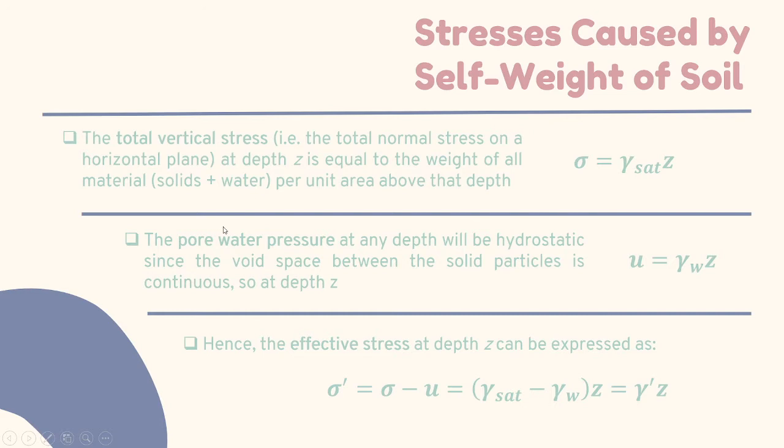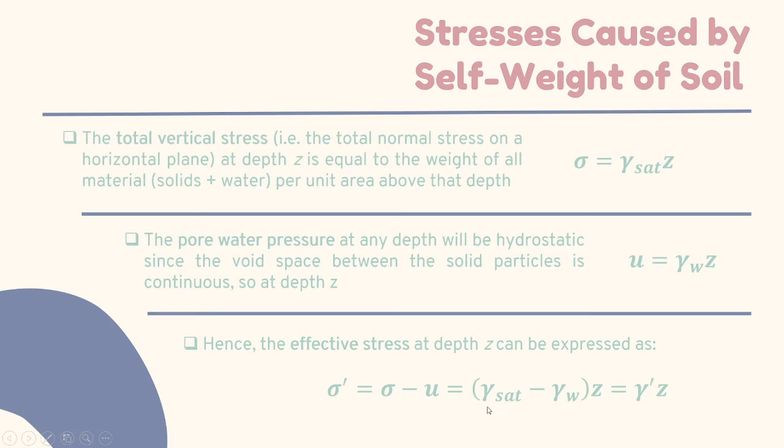On the other hand, we have the pore water pressure. We can get this as the unit weight of water times the depth Z. And hence, the effective stress, sigma prime, is equal to sigma minus U. Or simply, the saturated unit weight times Z minus the unit weight of water times Z. And we can simplify this even further.